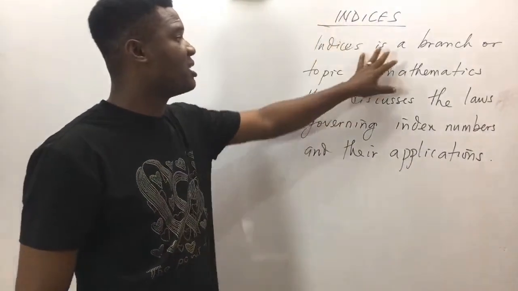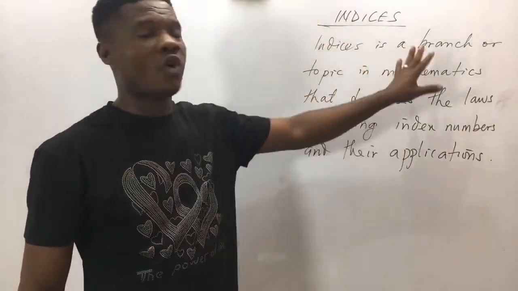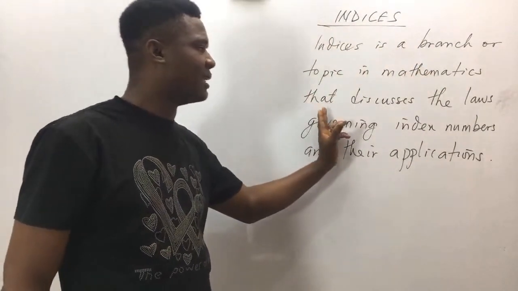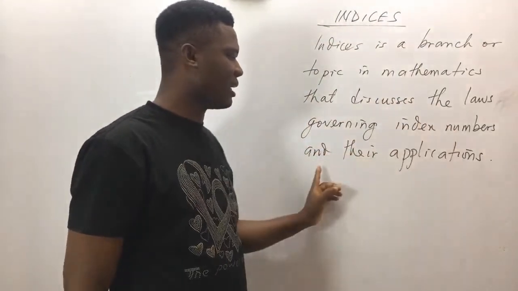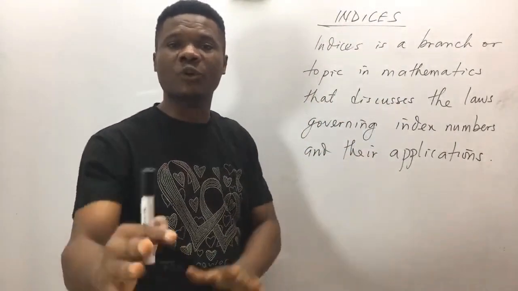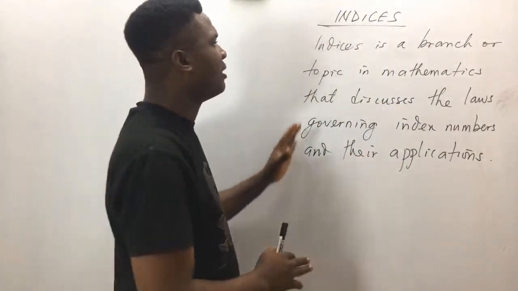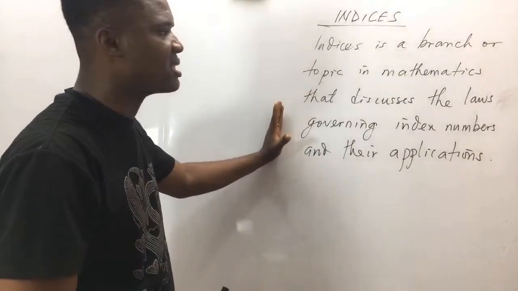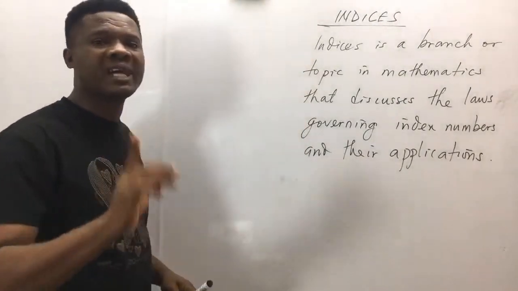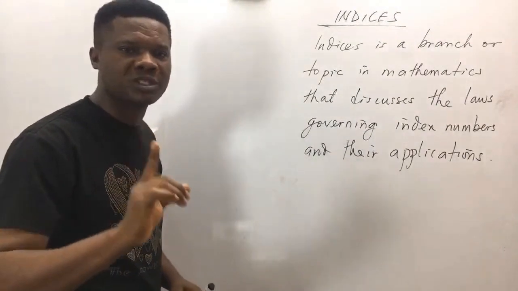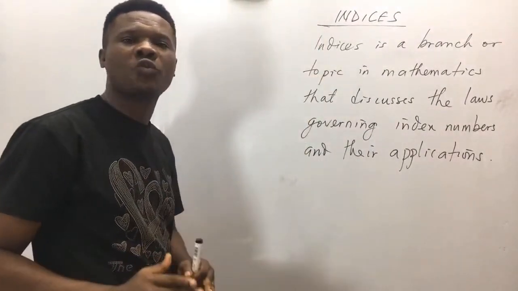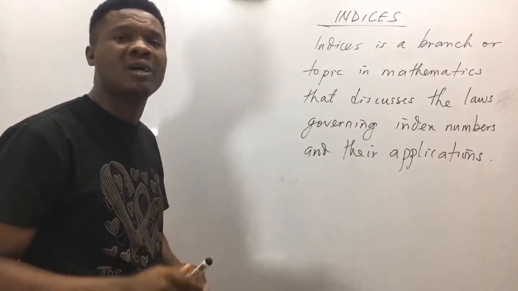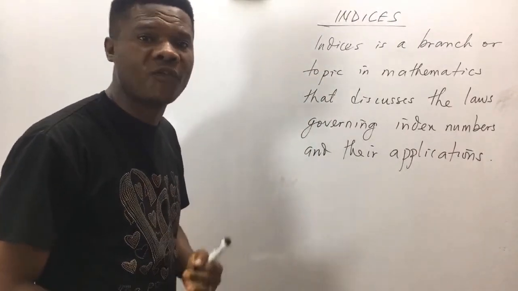So that being said, now that we know what indices is, let us go to the next thing I want you to understand. Now these things will guide us to what we shall be discussing proper, which is the laws of indices.